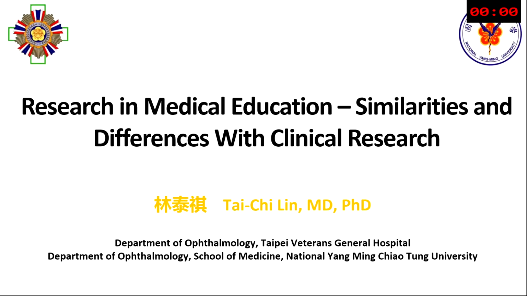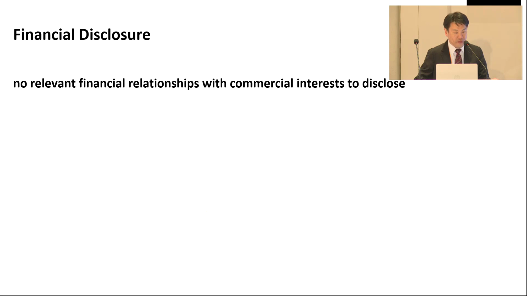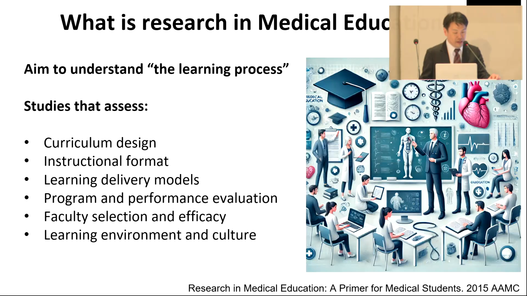Okay, thank you. So I'll be talking about research in medical education and what is the similarity and difference with clinical research. I have no financial disclosures. So first of all, what is research in medical education? It is research that aims to understand the learning process. These studies assess the curriculum design, instructional formats, or how learning is delivered to students, program and performance evaluation, even faculty selection and efficacy, and most importantly, learning environments and culture.